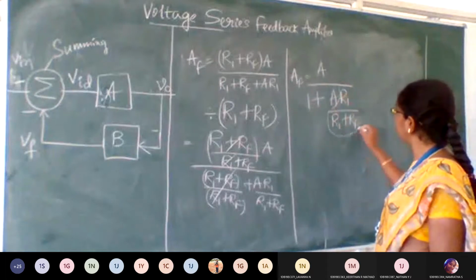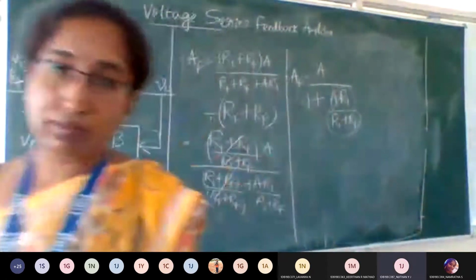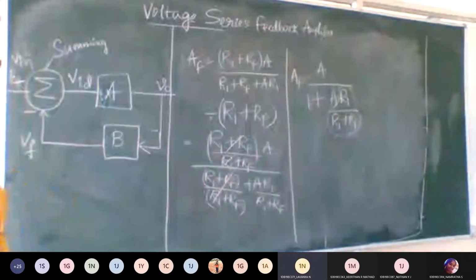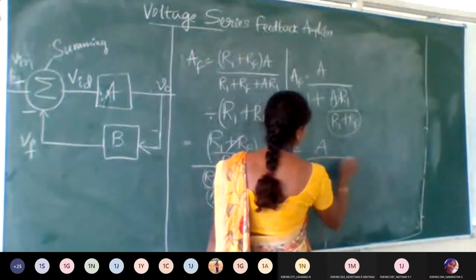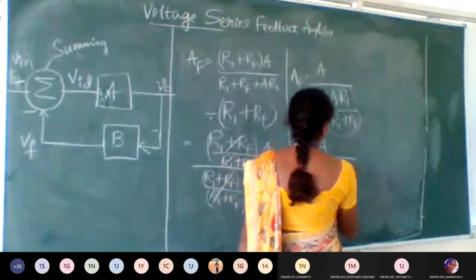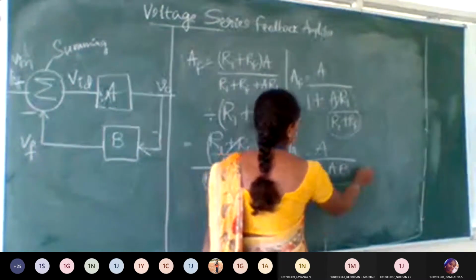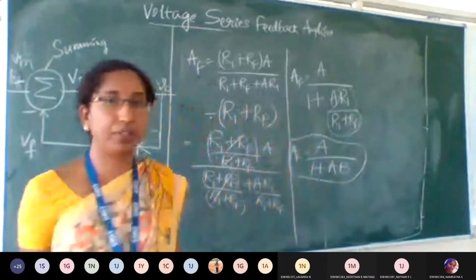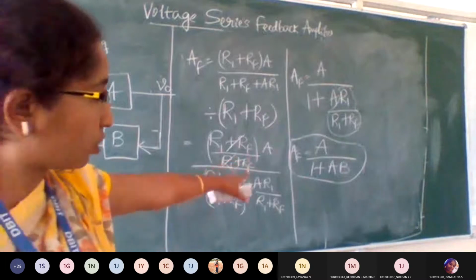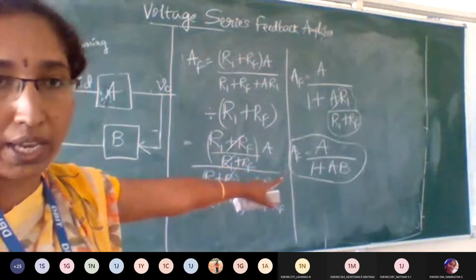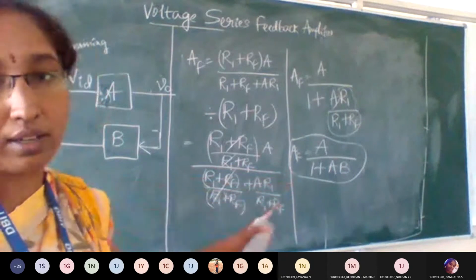What is R1 by R1 plus RF? It is B. So now, can I write this as A by 1 plus AB? You are supposed to remember this to solve the problems. AF is A by 1 plus AB. So AF is a closed loop gain, A is an open loop gain, B is the gain of a feedback circuit, and AB is a loop gain.